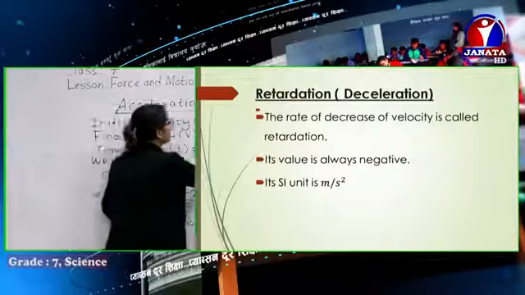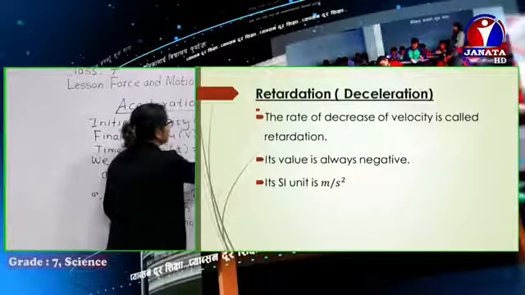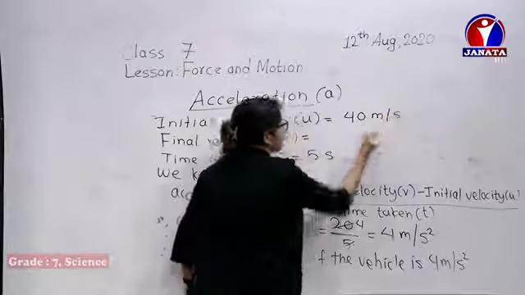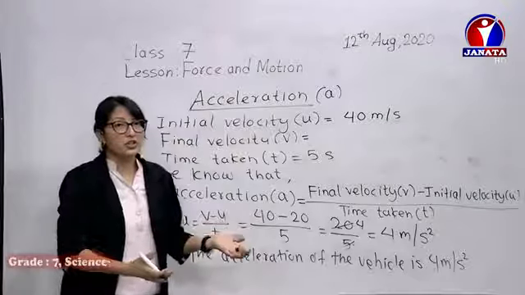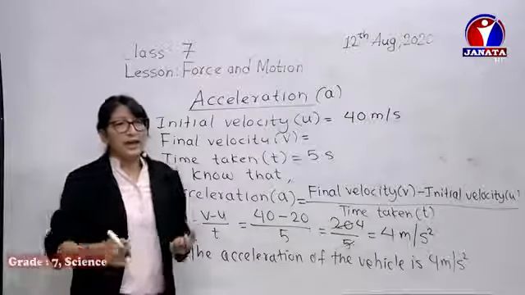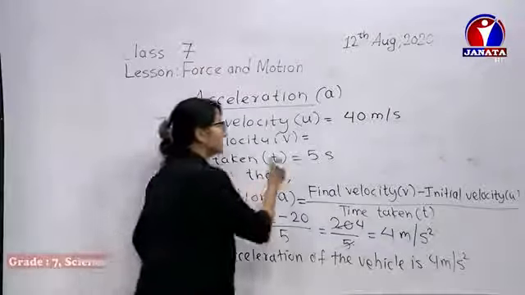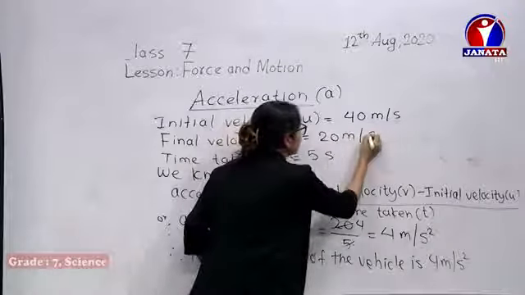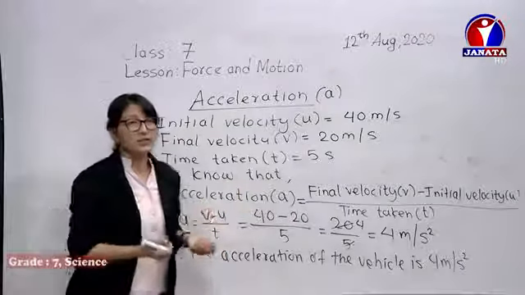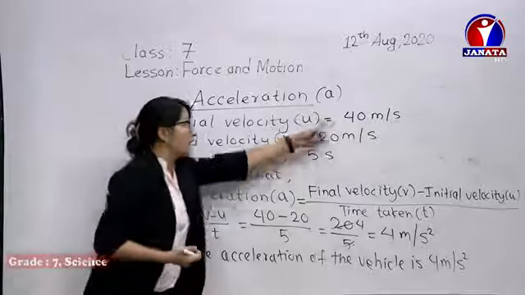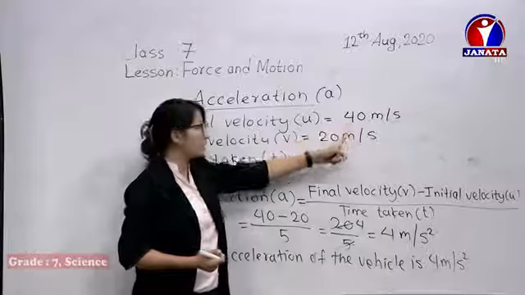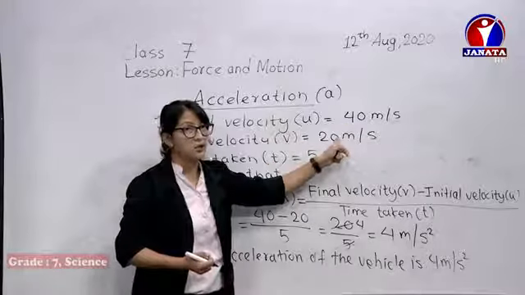Suppose the vehicle was traveling with 40 meter per second and suddenly there was a speed breaker or some vehicle in front of it, so it had to apply brakes and slow down. Then its velocity decreased to 20 meter per second. In the beginning it was moving faster with 40, then its velocity decreased to 20.